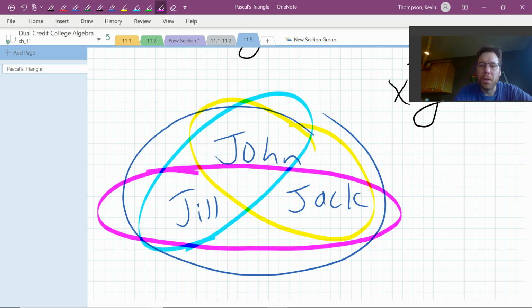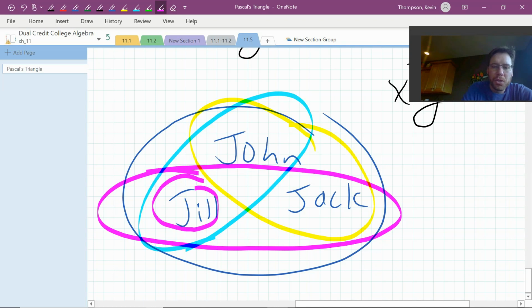But do you notice that has to be the same as choosing one? Because every time that I choose two, if I look at John and Jack, didn't I really choose Jill to not participate in that group? Or if I look at the blue group, Jill and John, by choosing Jill and John, didn't I also choose not Jack?